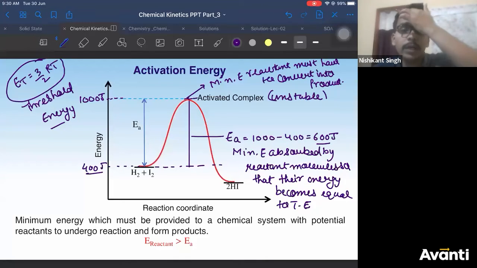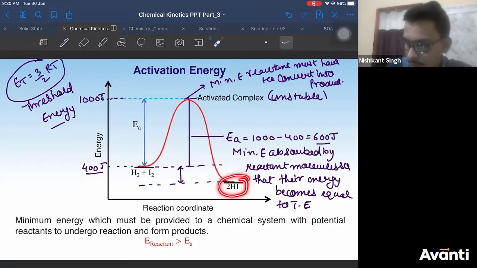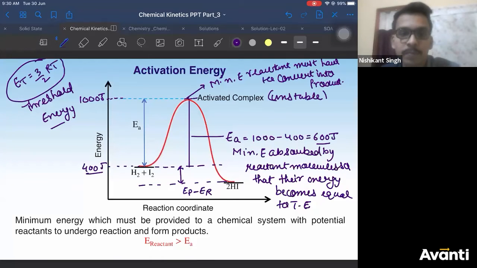Now, another important thing which you should observe here is, what is this value? This value is the energy of product minus energy of reactant. What do you call this? This is known as enthalpy.